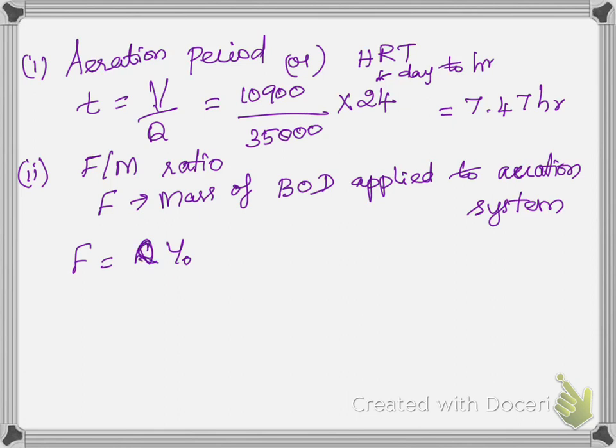So what is Q? Q is given to you as 35,000, that is how much wastewater flow there is. And Y naught is nothing but the influent BOD, how much BOD we are giving inside. So it is 35,000 into 250. One thing you have to note is that this 35,000 is in meter cube and this 250 is in milligram per liter.